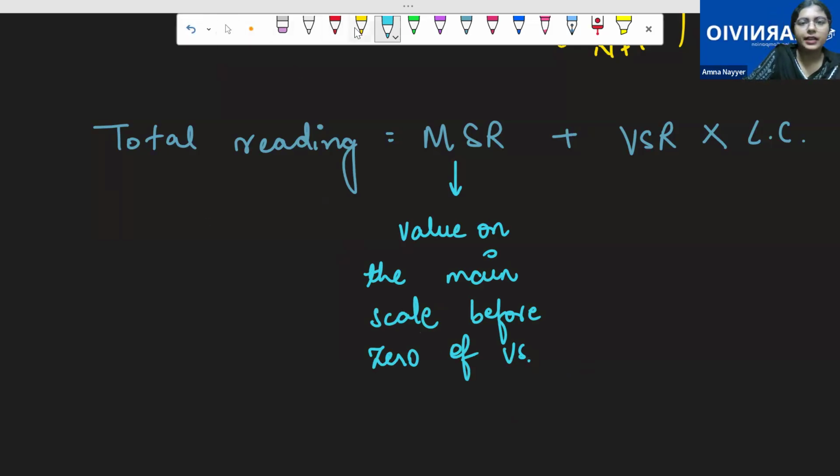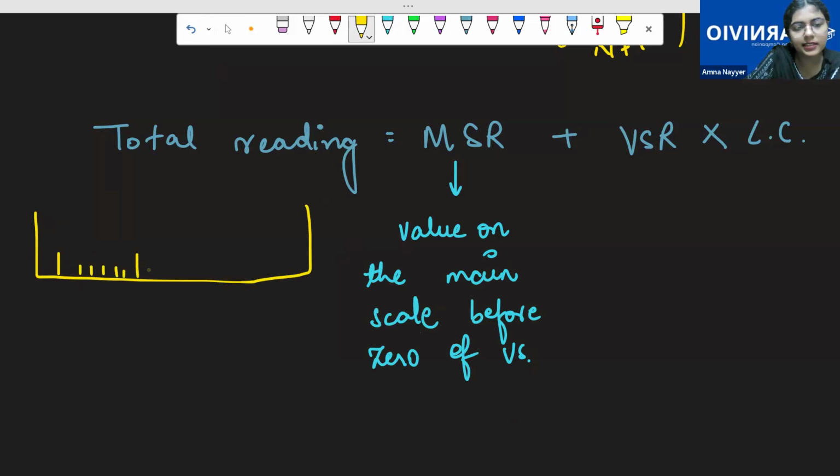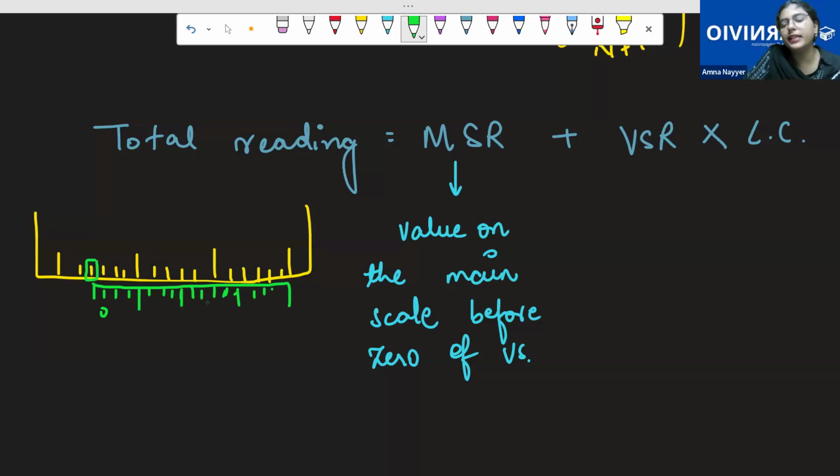If I have the main scale like this, there are certain readings on it. Then you have the Vernier scale also present, the smaller one. It starts from 0, 1, 2, 3, whatever its value is. Now, just where the zero of the Vernier scale is, the value before it on the main scale is your main scale division, which you actually see from the figure.